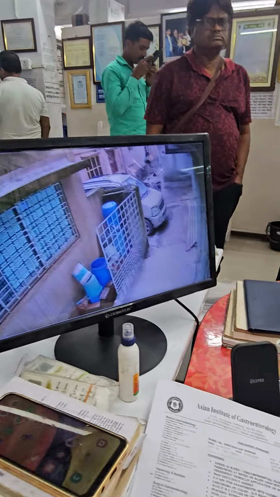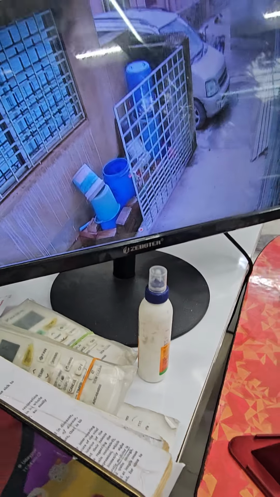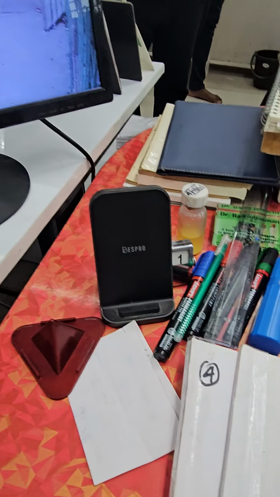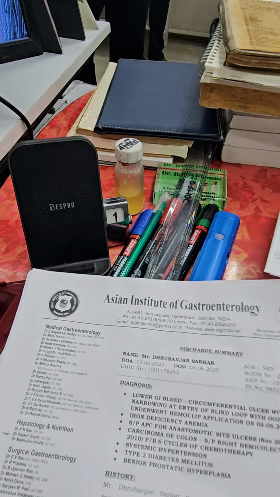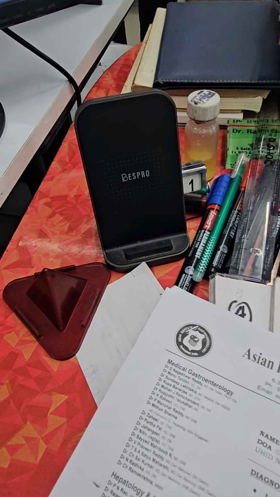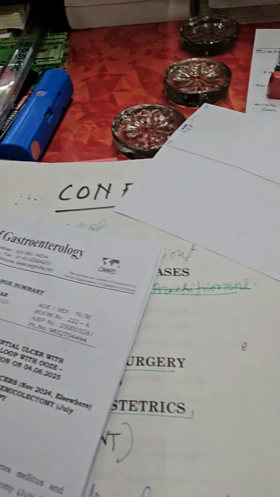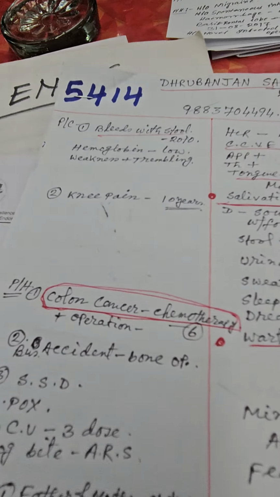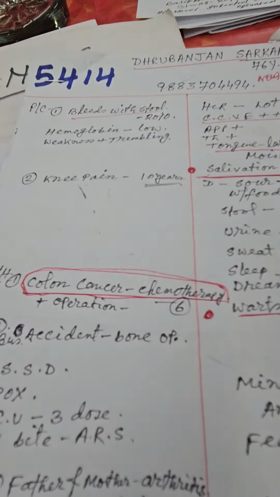This is a gentleman, aged about 76 years, who has been suffering from colorectal carcinoma. Chemotherapy is already done; he had already received 6 cycles of chemo.